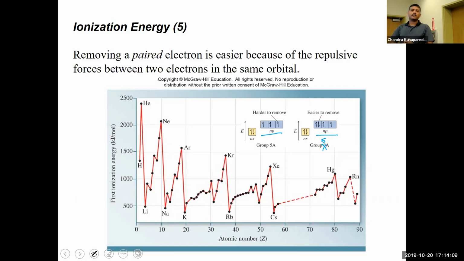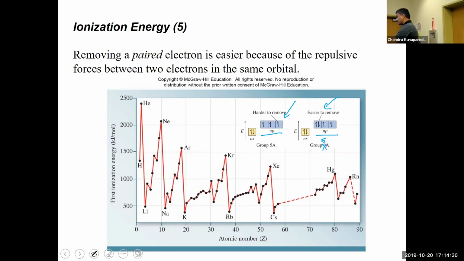So it is going to be easier to remove this electron compared to this electron, because it would lose its symmetry and also it would be empty, instead of removing an electron from the paired orbital, which would only make it partially filled. Okay. Let's see what example it could be.